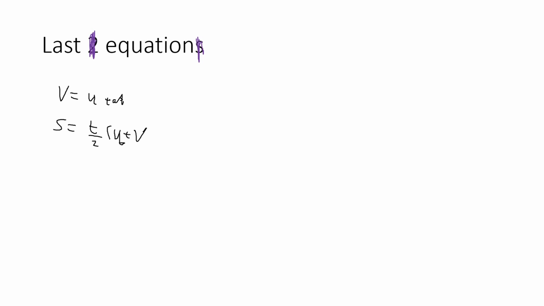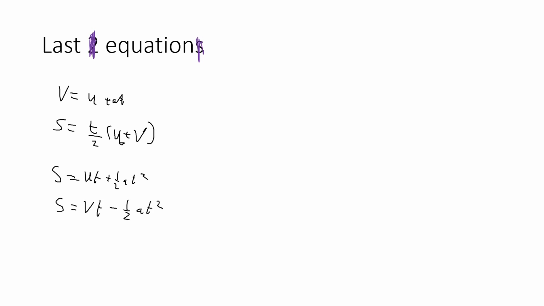Then s equals ut plus a half at squared. And s equals vt minus a half at squared.